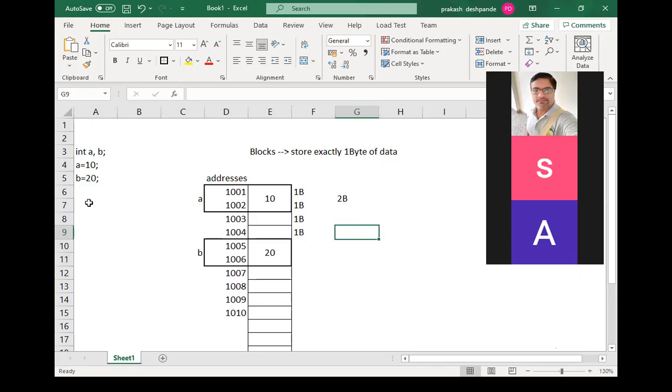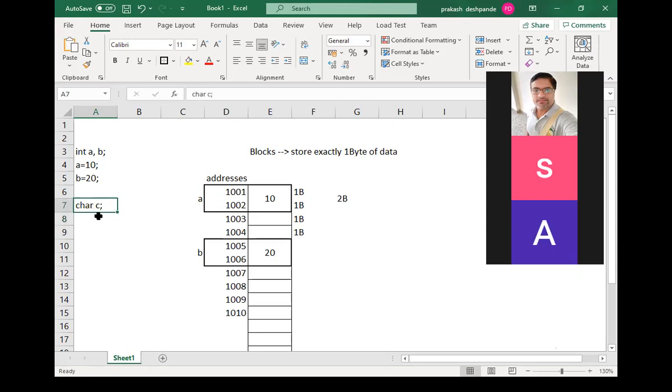Yes, sir. Now, suppose there is a data type char, say C. Now who can tell me what should happen? What will happen in the compiler? What will happen in the computer memory? Who can answer?